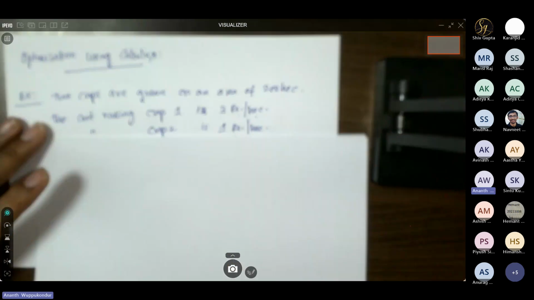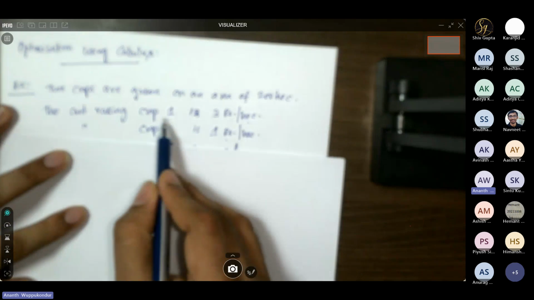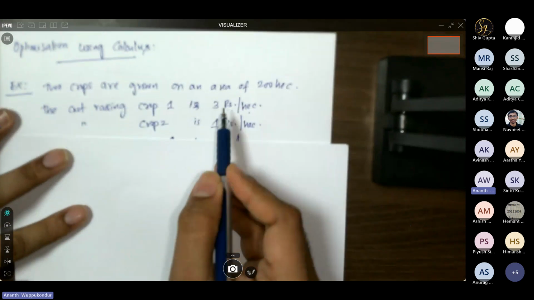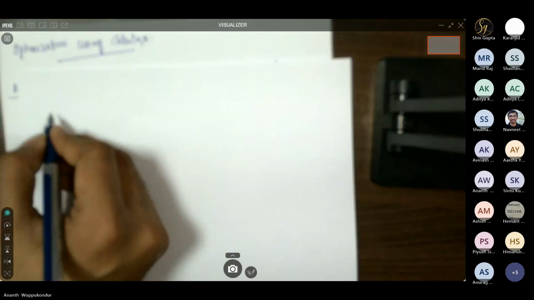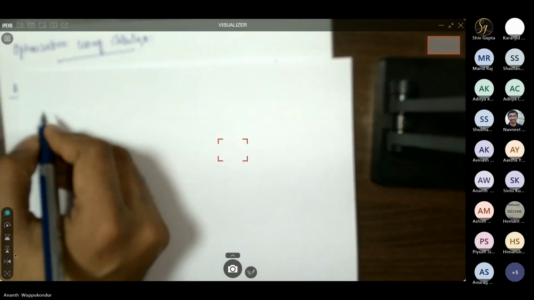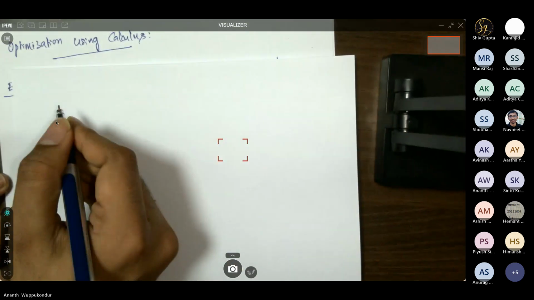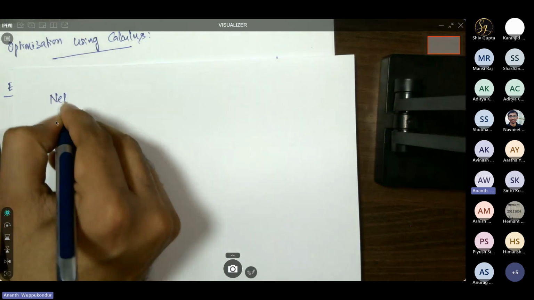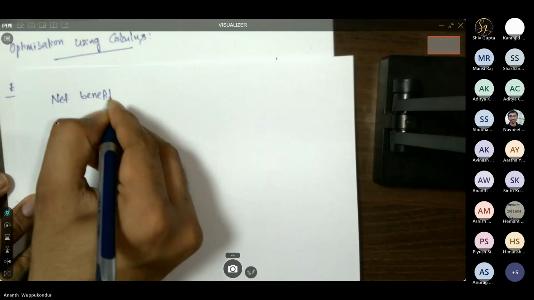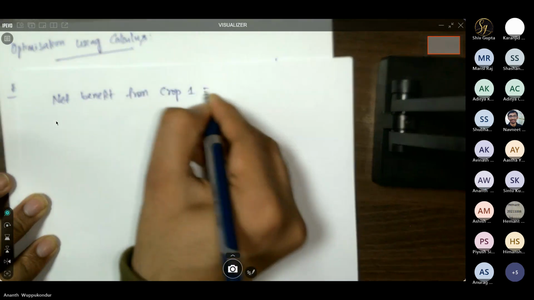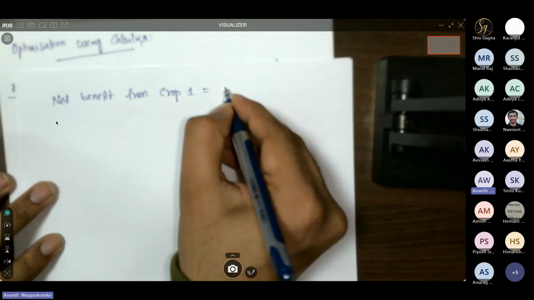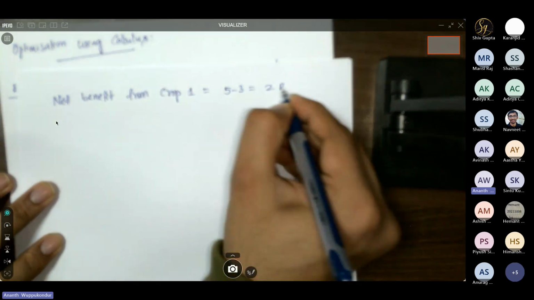Based on the data here, the cost of raising crop 1 is 3 rupees, but the benefit that we get is 5 rupees, right? So the net benefit from crop 1 is 5 minus 3, that is 2 rupees.